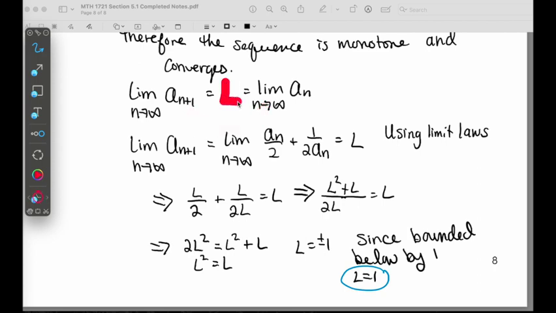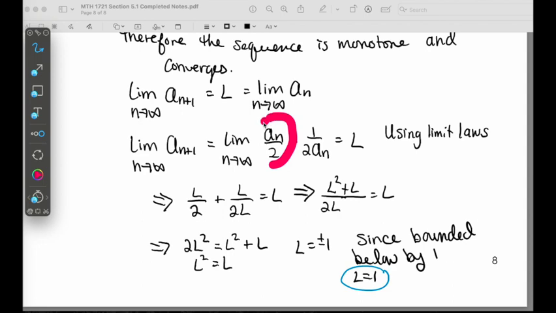It should still be L. So when I take the limit as n goes to infinity, using the definition, the limit as n goes to infinity of an over 2 plus 1 over 2an, we know that that should be equal to L. That's just a generic limit. Because we know it converges, it's going to be equal to some L.